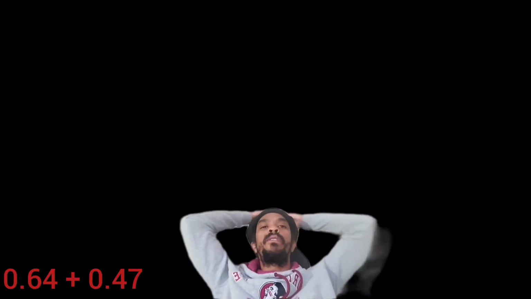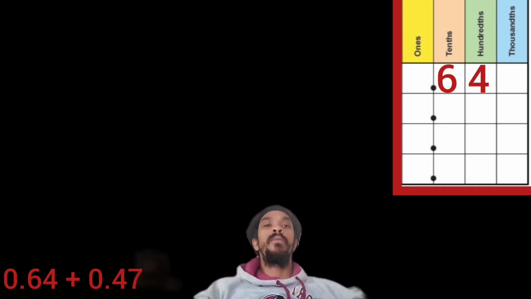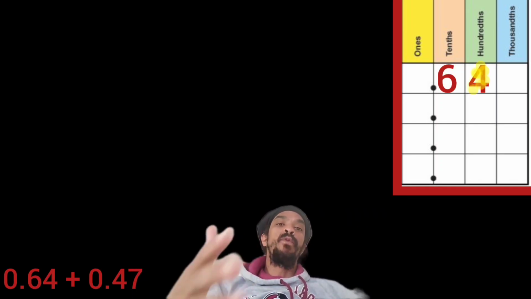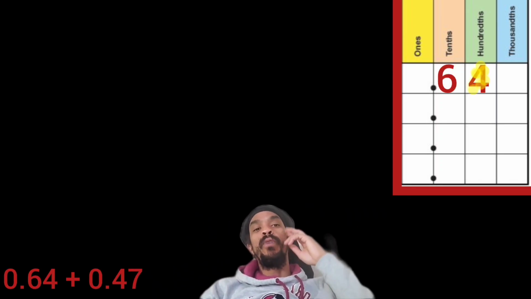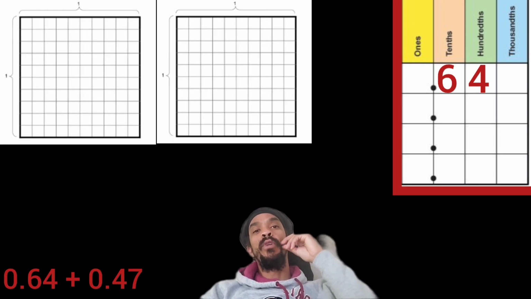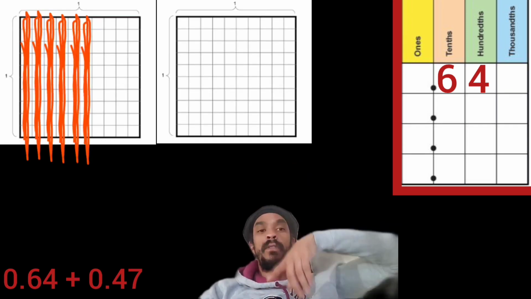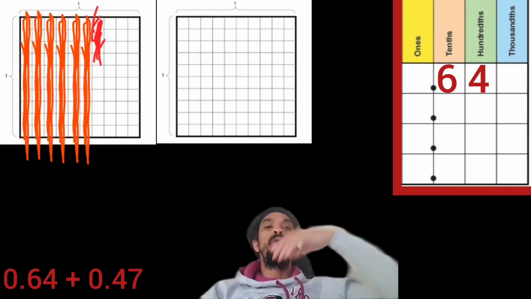All right, y'all, this next one, we're going to do 64 hundredths plus 47 hundredths, but it'll be the same process as before. We'll go ahead and recognize that our 64 hundredths is the same thing as 6 tenths and 4 hundredths. So let's represent that on our decimal grid. We should have 6 of the sticks colored in and 4 hundredths.